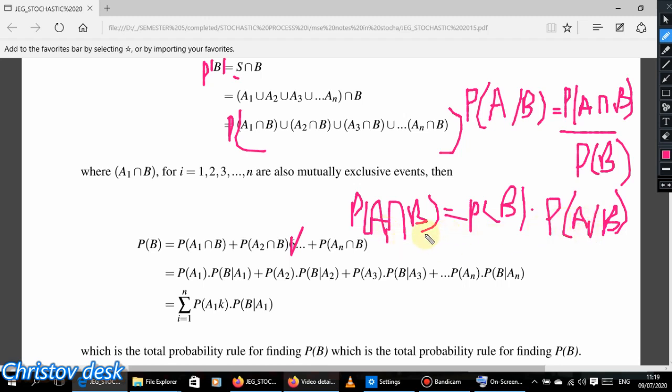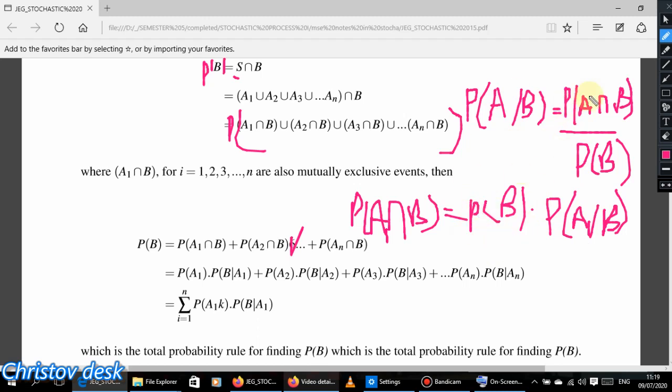So the probability of A1 intersection B is going to give us the probability of, so this is a kind of reverse version.